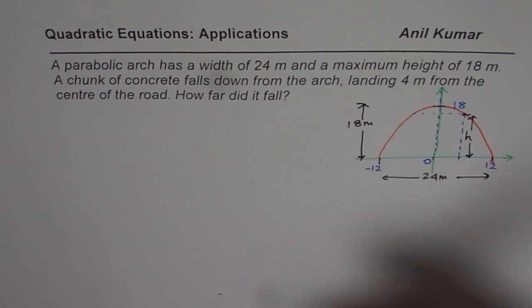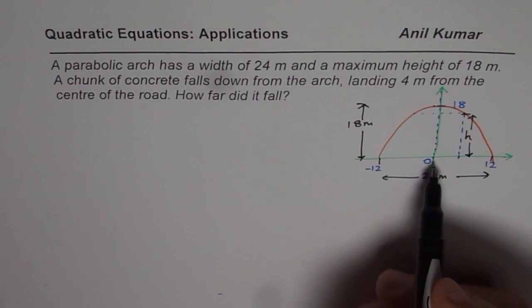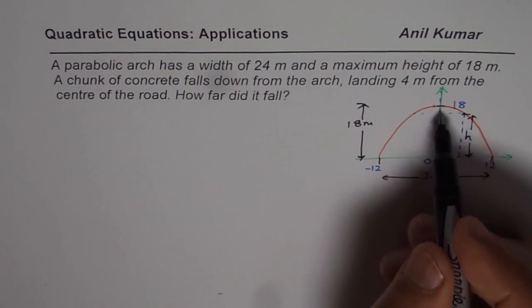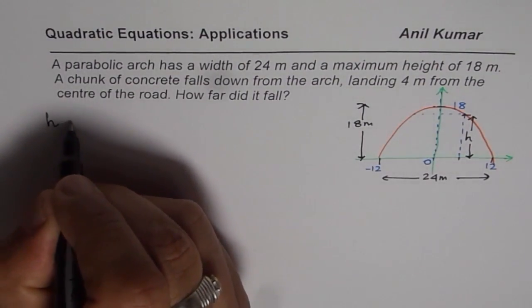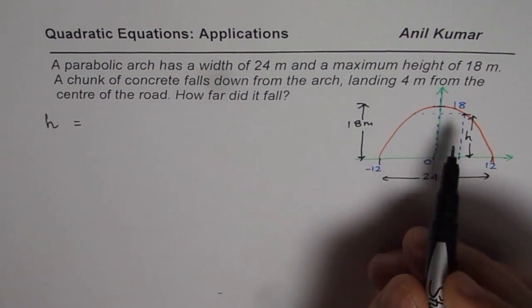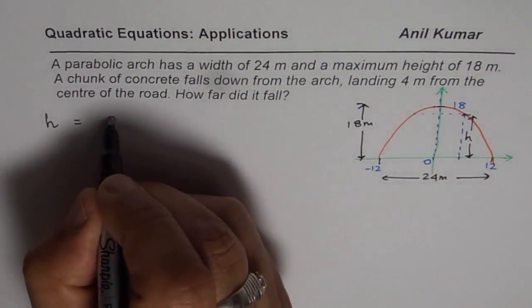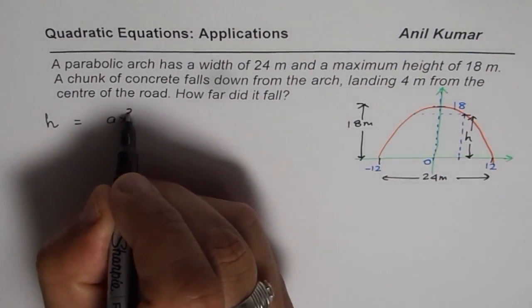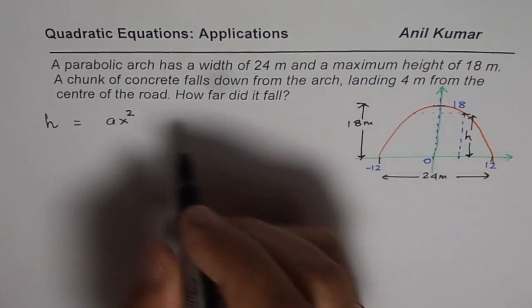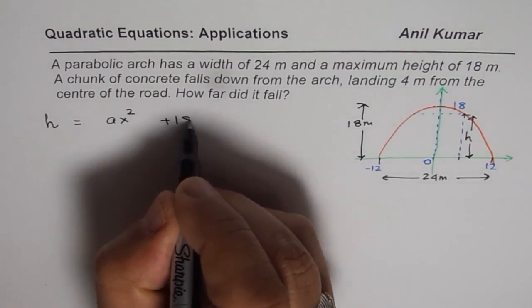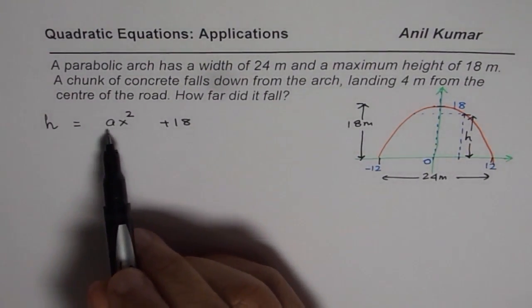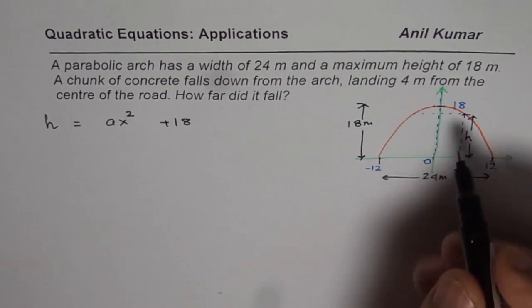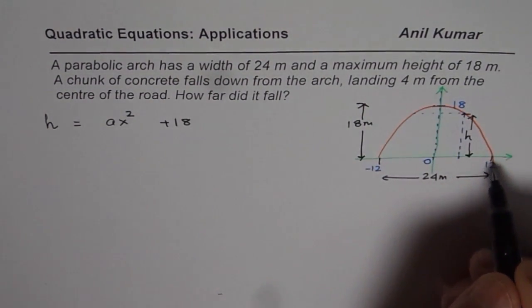Considering these things and the axis through the origin, we could write the height of this parabolic bridge path, any point on this, let us say height, as equal to a times x squared plus 18. Correct. Now a, we expect a negative value since it is going downwards.